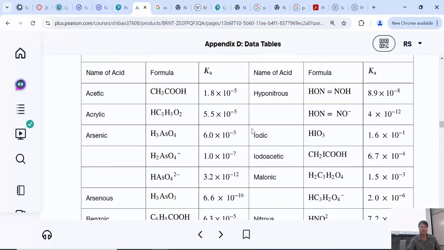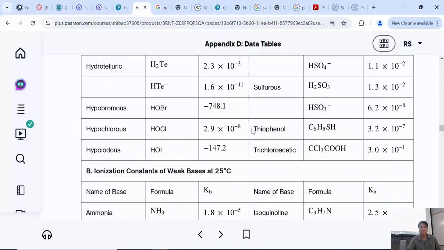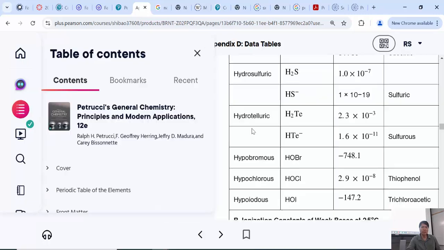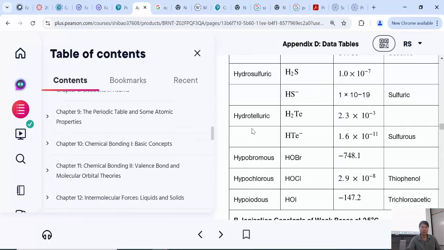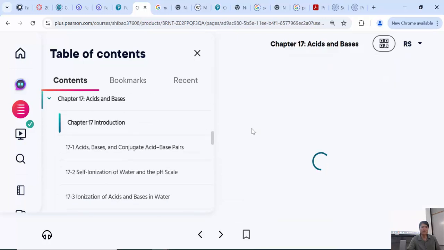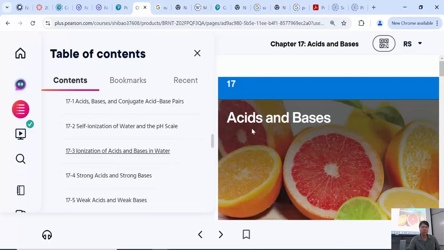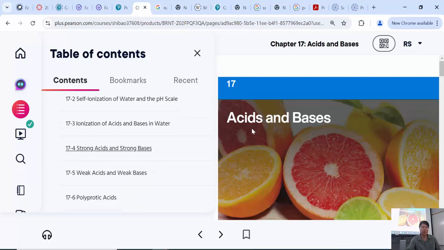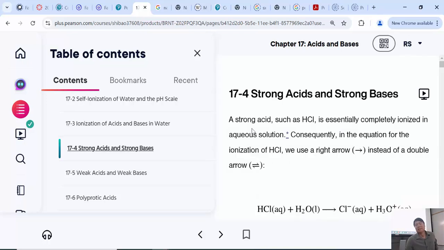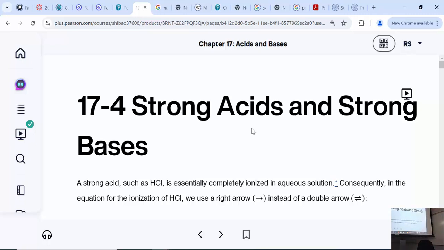So they start off with A for acetic acid and end up with T for trichloroacetic acid. In chapter 17, I hoped they have this based on strength, but actually they don't. So we'll just look at this table over here.